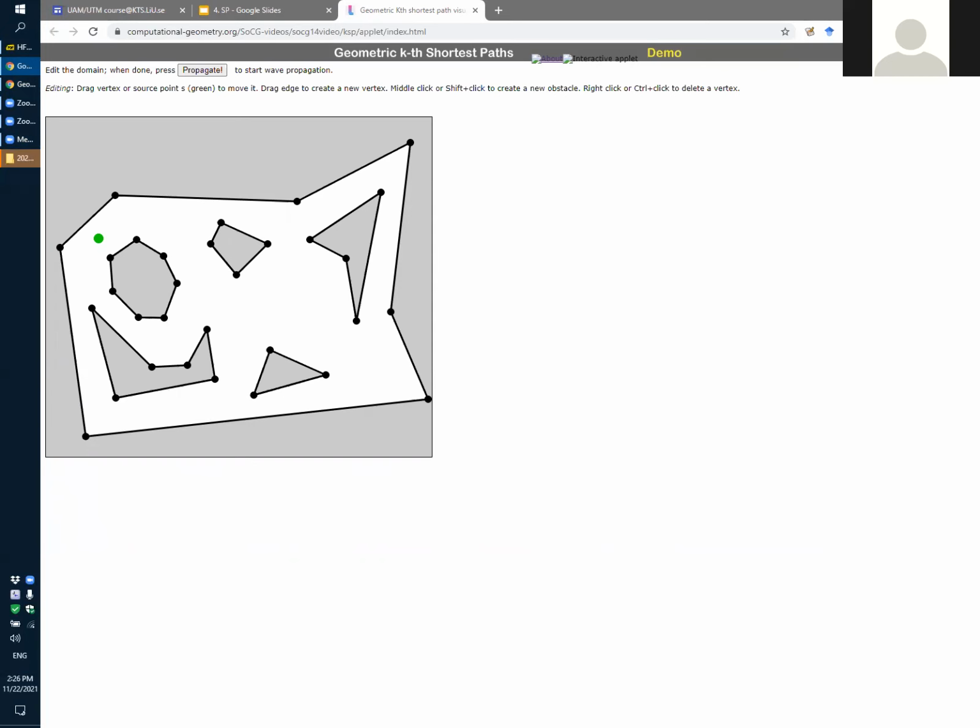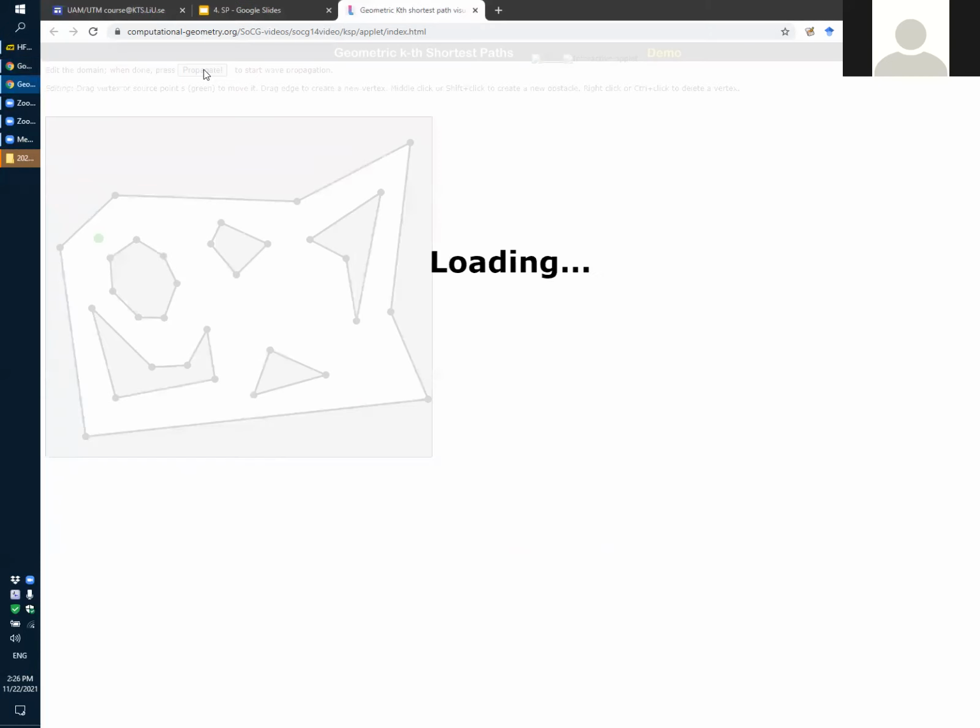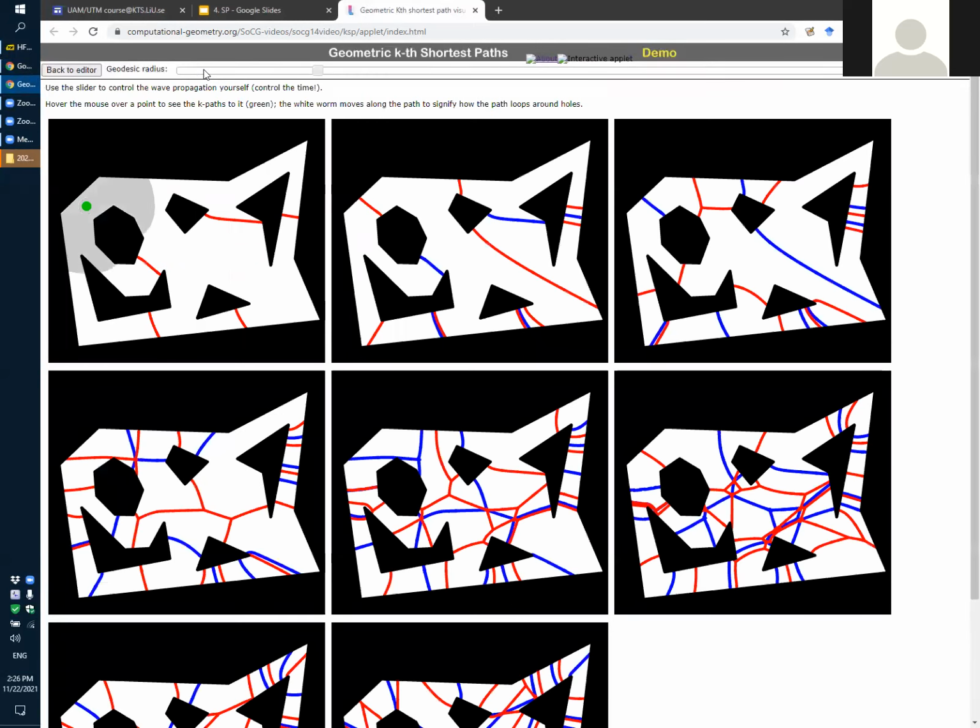So here you have a polygonal domain, and you have the starting point S, and you click propagate. These shaded regions are obstacles, and you can see how the wave propagates from S. There are many images on this web page, and I'll show you.